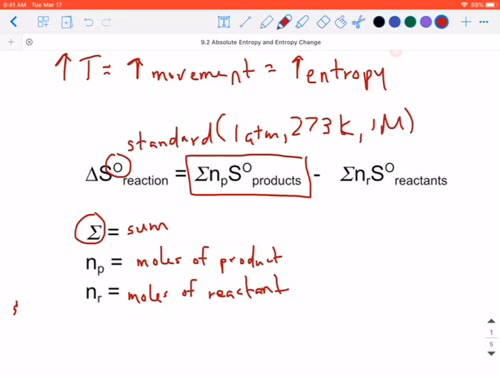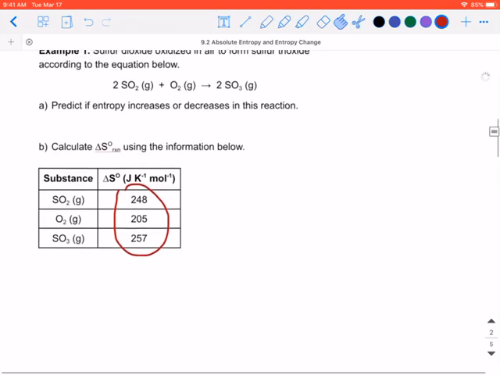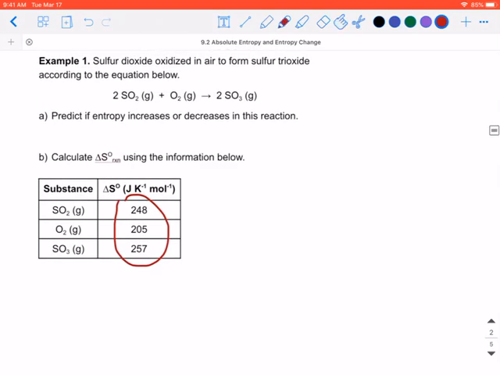So our equation, if I scroll back up for a second, I want to start with my products. I want to know the sum when I multiply my moles of each product times their respective entropies. So I'm going to do change of standard entropy of the reaction equals, starting with my products again.